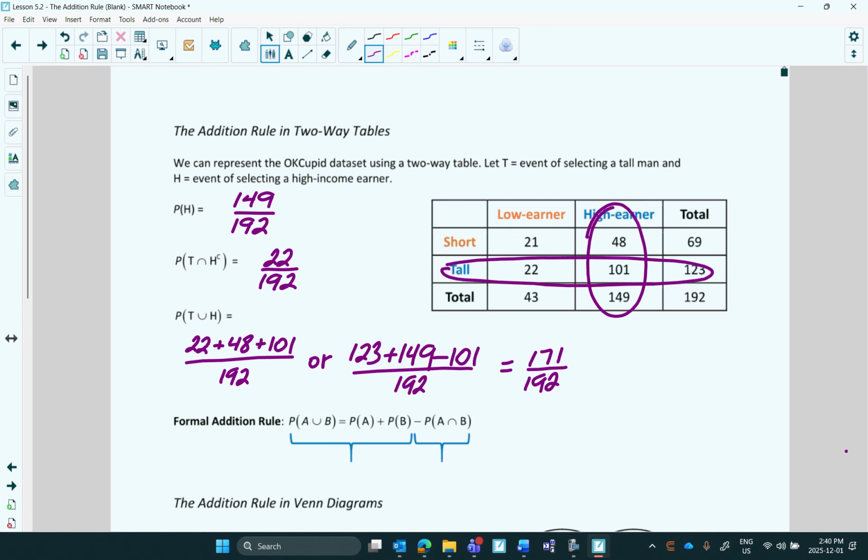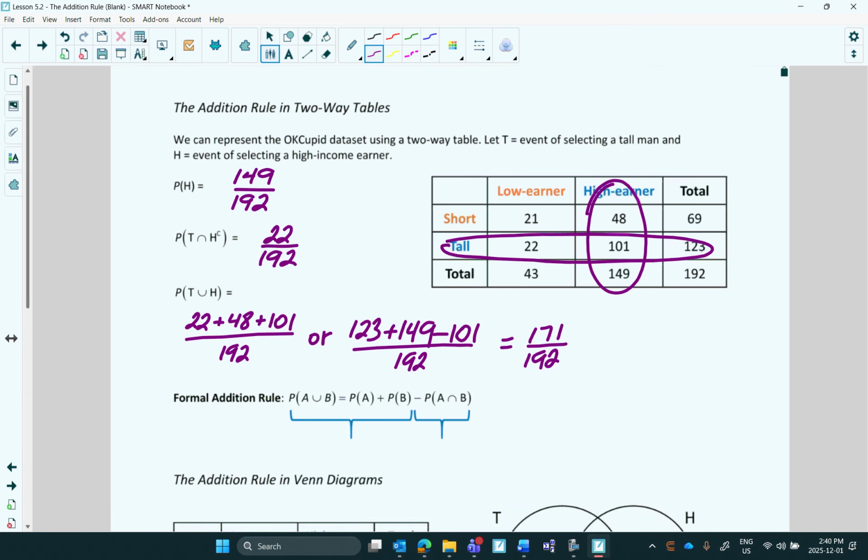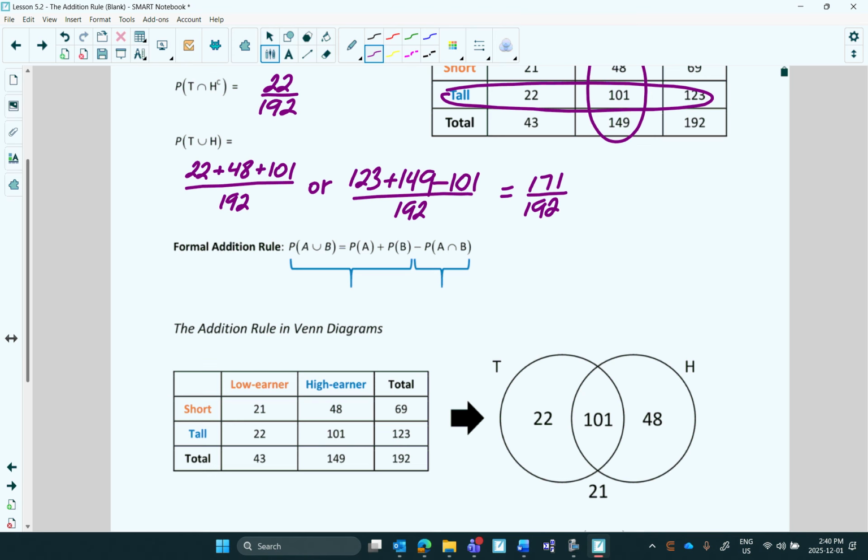And the reason I wanted to show you that is because that's technically the addition rule in probability. And by the way, it is on your formula sheet.